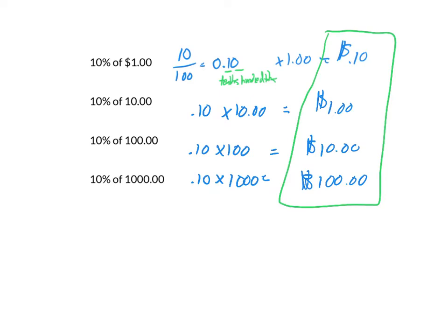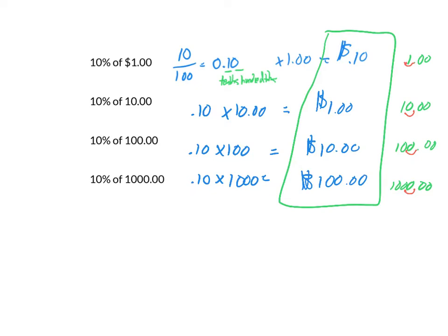So we've got $1, $10, $100, and $1,000. And when you take 10% of it, what happens? Your decimal point just moves over 1, right? So we've got there, there, there, and there. See how that happens?